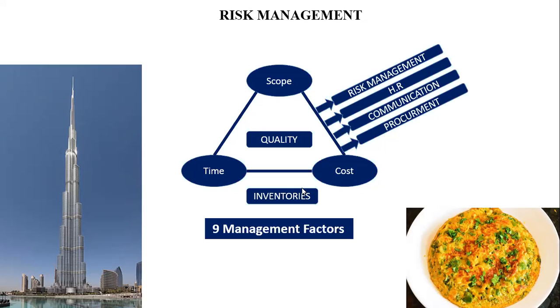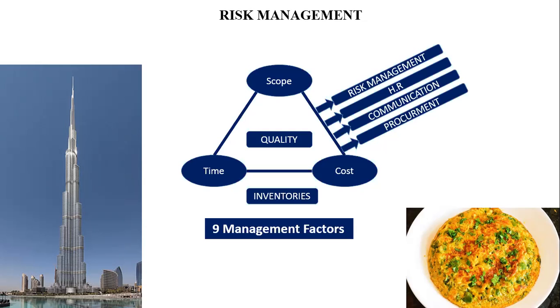Skyscraper in the world, sir. Tallest building in the world, right? See, in a simple project of preparing an omelette, we have so many risks. What might be the quantum of risk in building this Burj Khalifa?